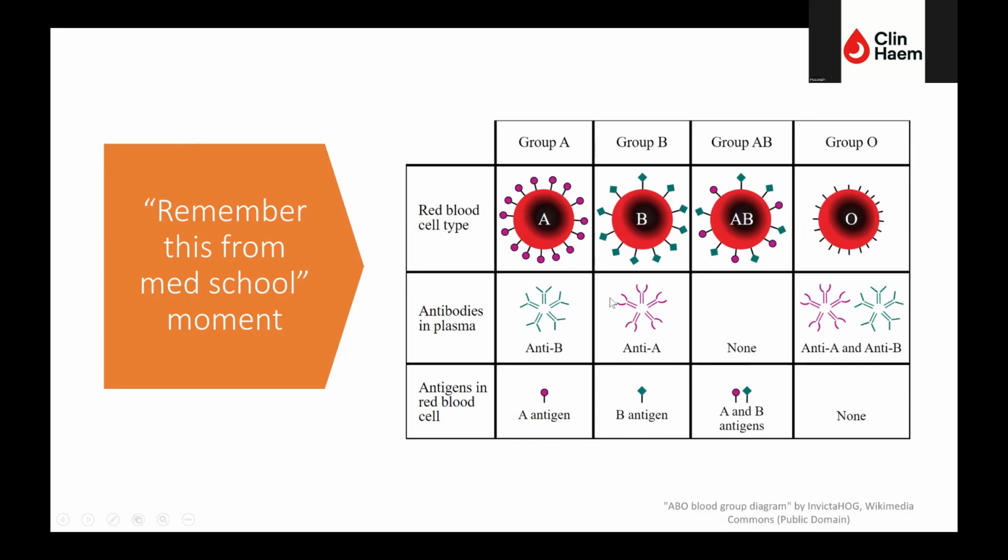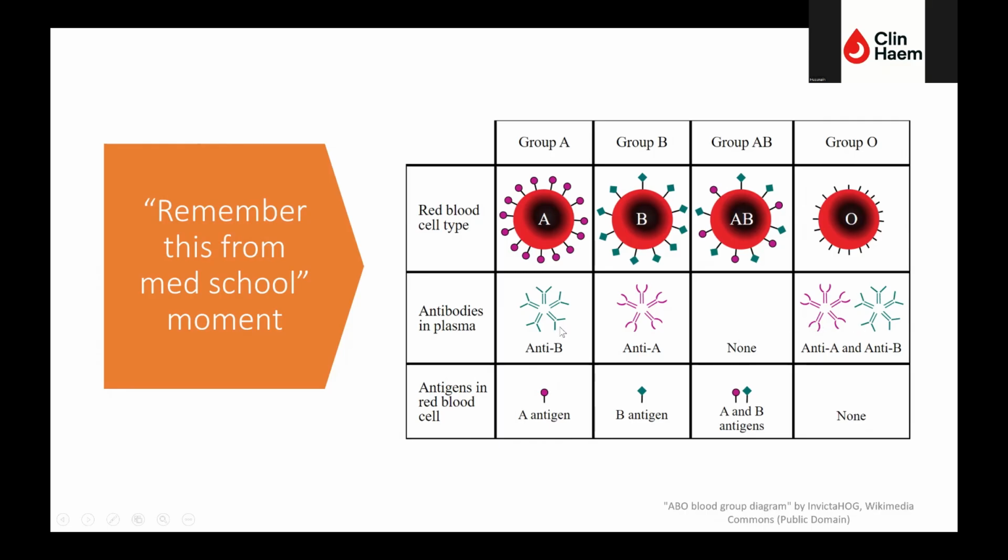Now, if they have blood group AB, they have both of these antigens on their blood cells. And since they have both of the antigens, they can't make antibodies against A or B antigens because your immunity is not supposed to make antibodies against your own antigens. In group O, they lack both A and B antigens, so that's why they have both A and B antibodies.